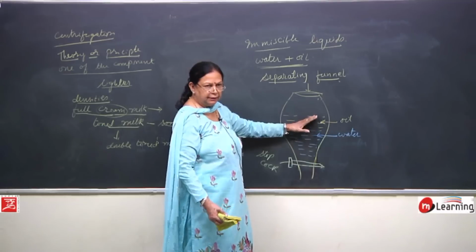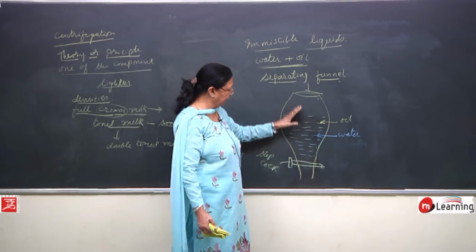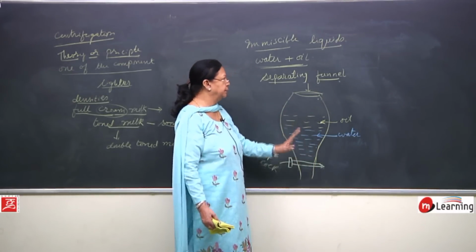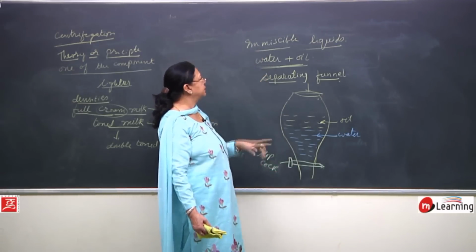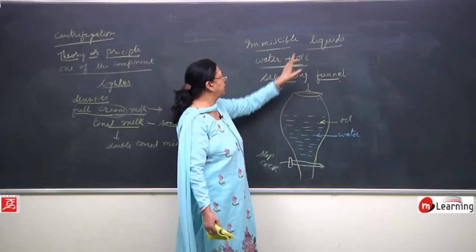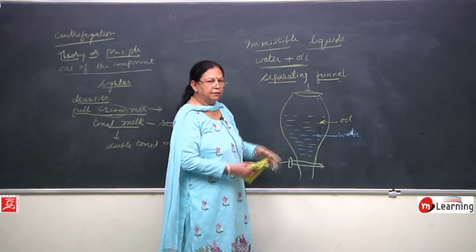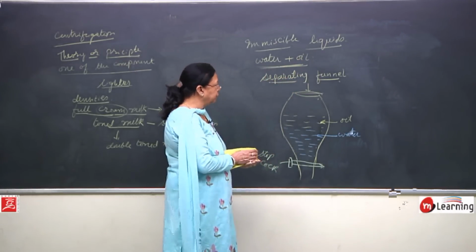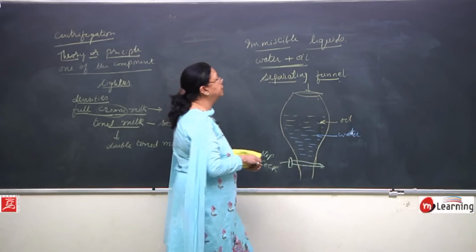Whatever is left in the separating funnel will be oil, and what comes down in the beaker will be water, right. So the next method of separating a mixture of two immiscible liquids is by separating funnel, and this principle or theory is based on density.